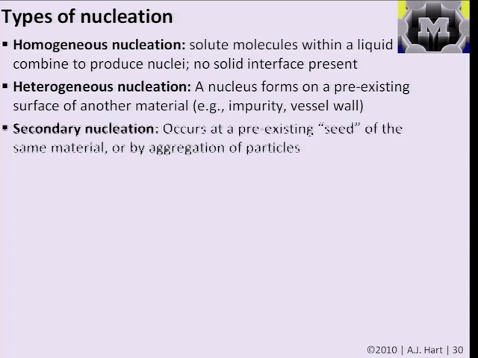And then we can also have what's called secondary nucleation, where we start out with seeds of existing structures and we add to those seeds. So in some cases you could grow nanostructures by making nuclei in one way and then introducing them to another system and making them bigger, or using one particle as a seed for another particle.